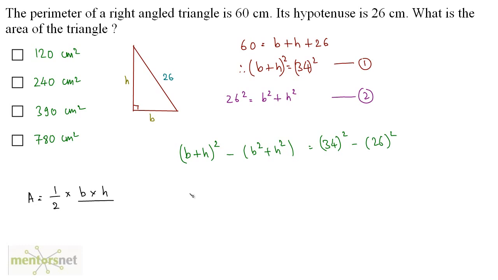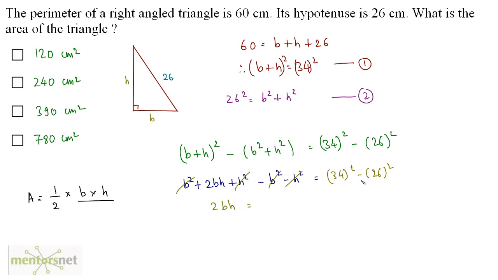B plus H square can be written as B square plus twice of BH plus H square minus B square minus H square. Let us keep the right hand side as it is, 34 square minus 26 square. Okay, now this B square, this B square, this H square and this H square cancels out. You have twice of BH is equals to.